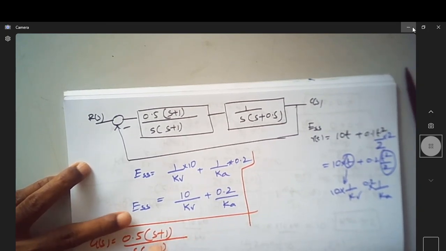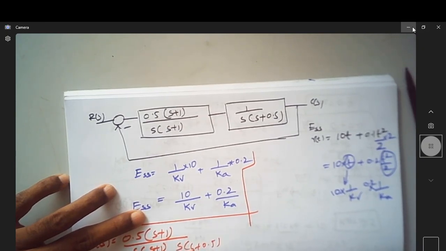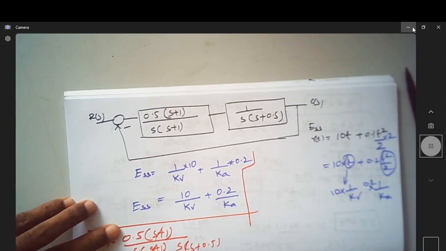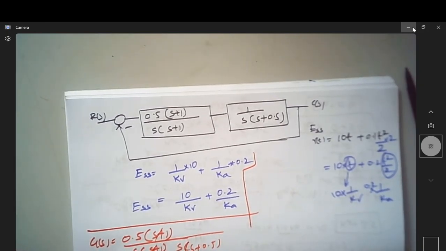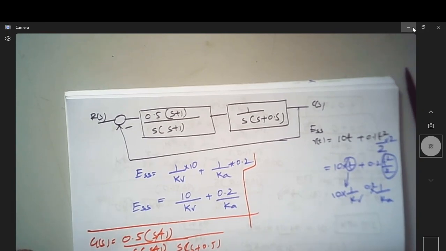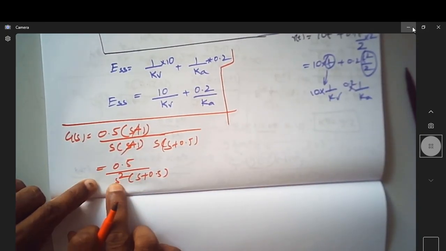You have a pole and a zero at the same point. So G(s) is 0.5 over s square into (s plus 0.5). Can I write it as 0.5 s square by s plus 0.5? So this will become a type 2 system.